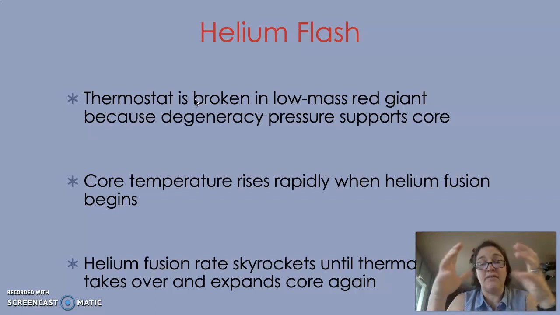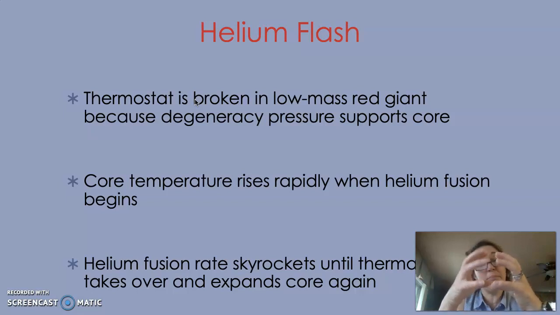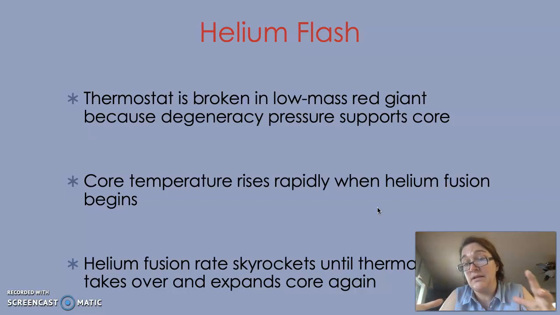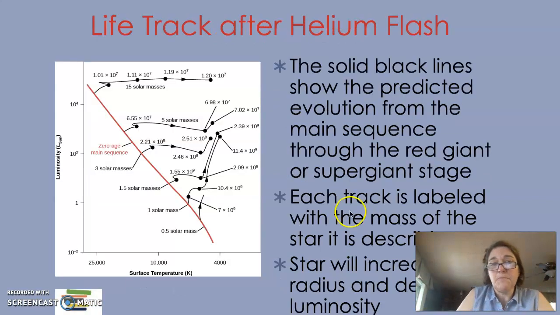And we have lots of pressure, and so the core temperature rises, and we end up with what we call the helium flash. Helium fusion begins and skyrockets really quickly, so that thermal pressure takes over because there's now extra energy being released in the core and expands the core again.